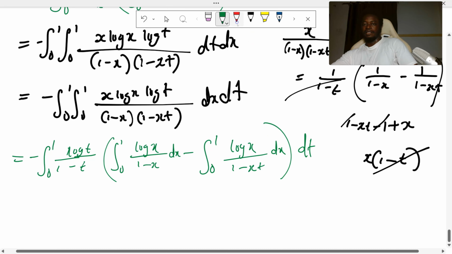Now let's look at the expressions that appear here one after the other.